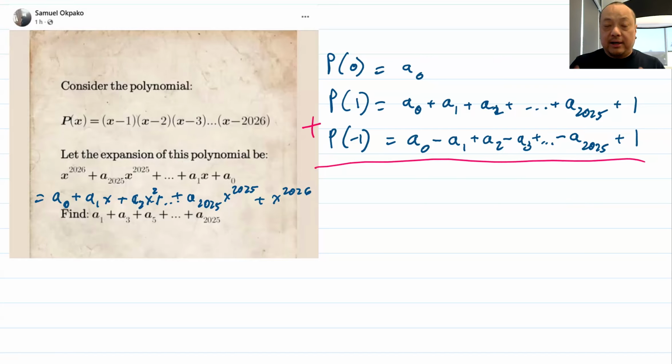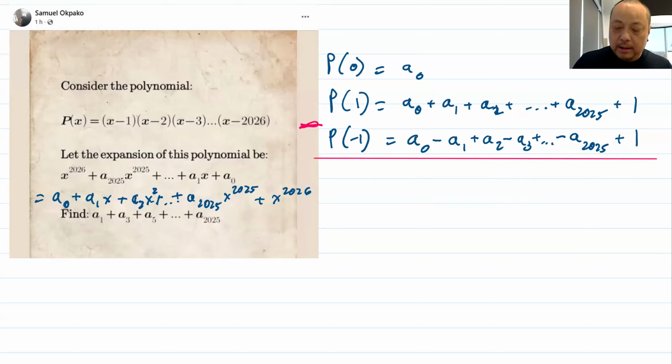If I add side by side, then all the odd terms will cancel, and I have just the even terms left. Whereas, since the question is asking for all the odd terms, if I subtract side by side, then all the even terms will cancel and all the odd terms will add up. I should do that. I should subtract side by side.